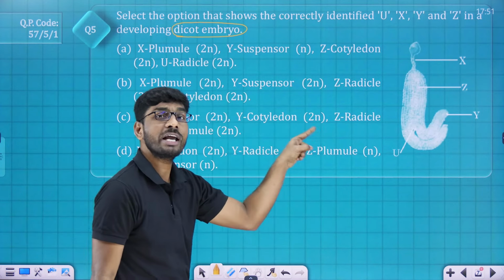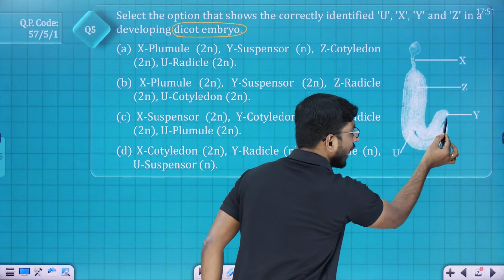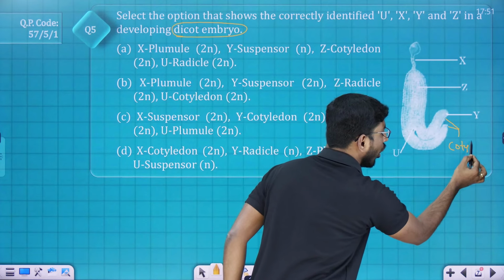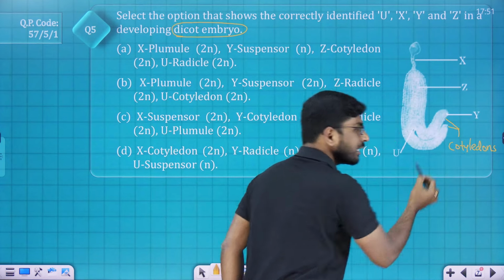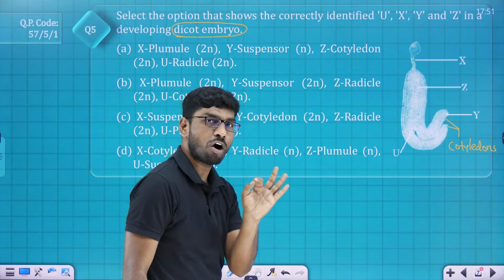This is the matured embryo. How can you say it is a dicot? Look here, these 2 are cotyledons. 2 cotyledons are there, so it is a dicot. So Y is cotyledon.